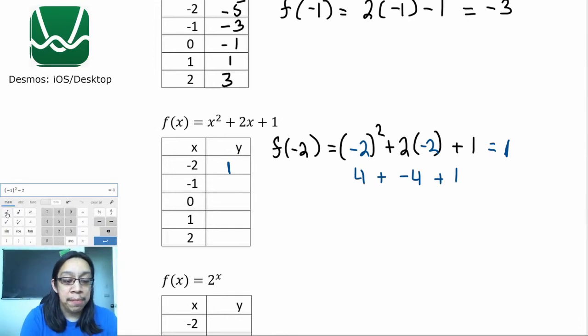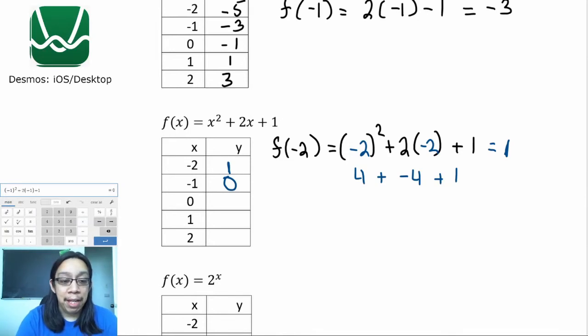Plus 2 times, you can put parentheses here, -1 again, because that's what we're plugging in, so -1, close the parentheses, and then this time add the +1. So +1. And notice what your final result is. It's going to be 0. So that means that here, we're going to put 0.